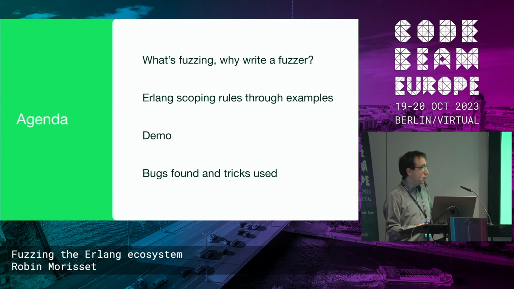And then I will show the tools that I wrote for fuzzing all kinds of Erlang tools, including erlc and dialyzer and lots of others. And then the nicest part, where I will show some of the bugs that were found and how, and the kind of things it can find.